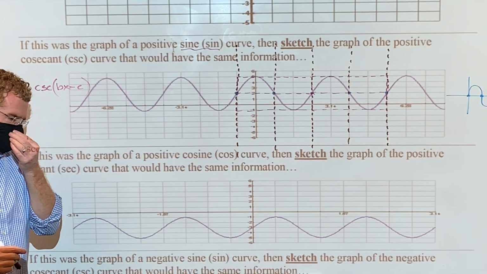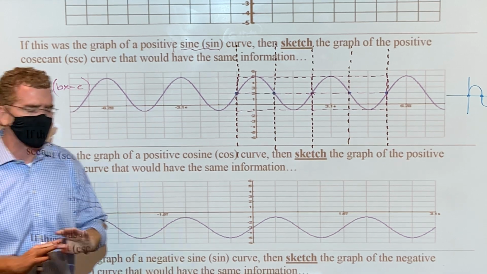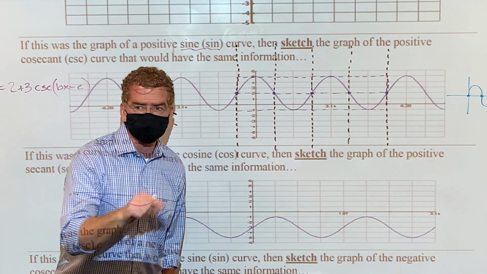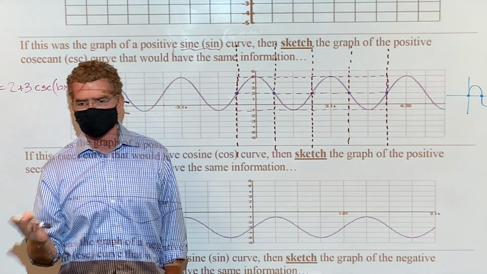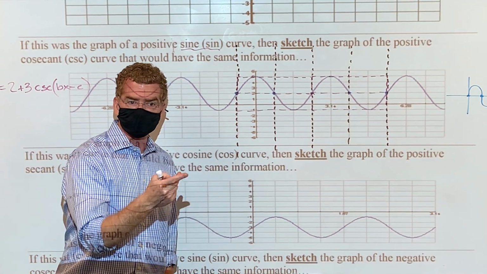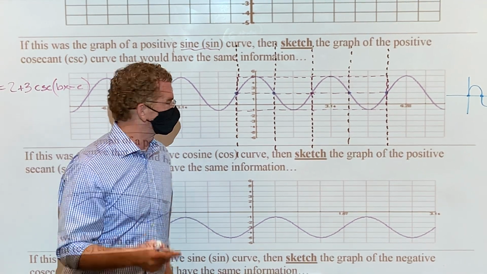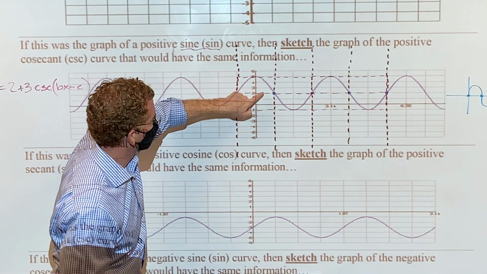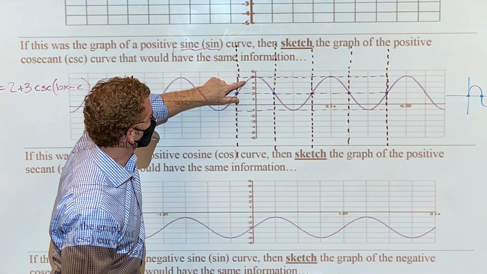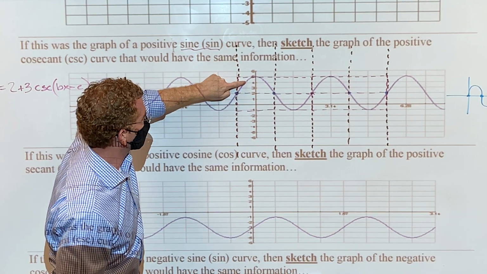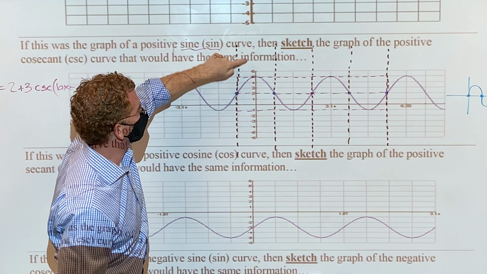Now I want you to think like this. The how of this is pretty easy, but if sine was equal to 1/2 somewhere, what would cosecant equal at that 1/2? 2. So it's basically taking reciprocals. So places where the graph would go up a half are actually going to go up 2, and places where it goes up 2 are going to go up even further.